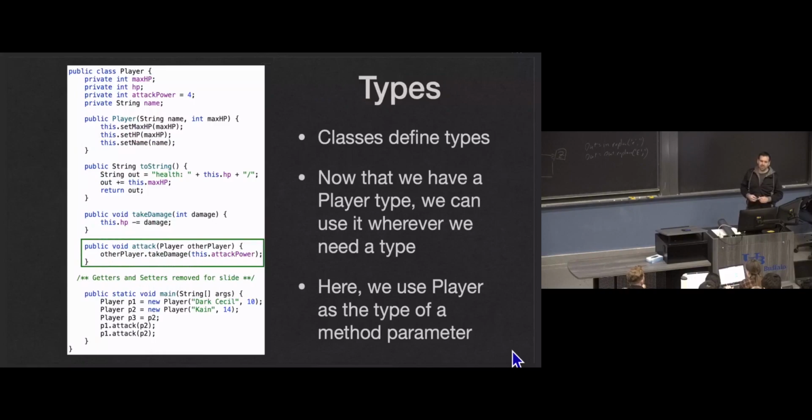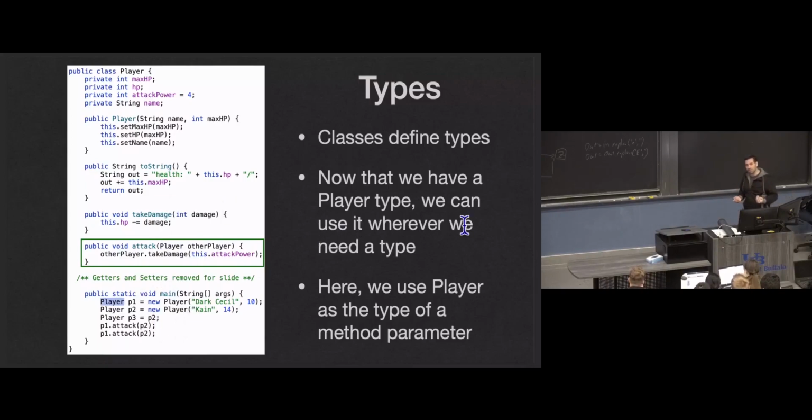And what we did when we created a class is create a brand new type. We created a brand new type in Java. So when we created this Player class, we now have a Player type, which can be used wherever a type can be used, including as parameter types, variable types, and, not on screen, as type parameters.